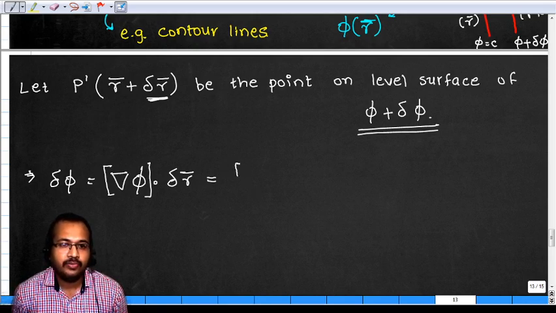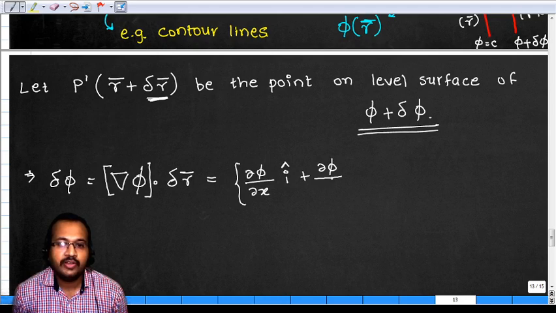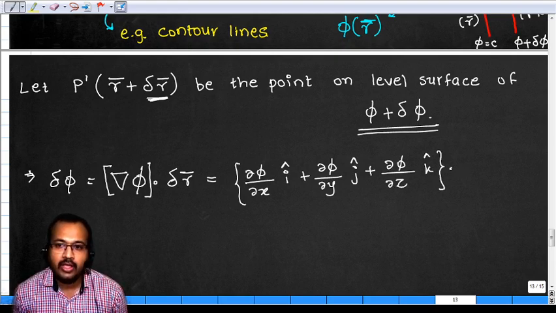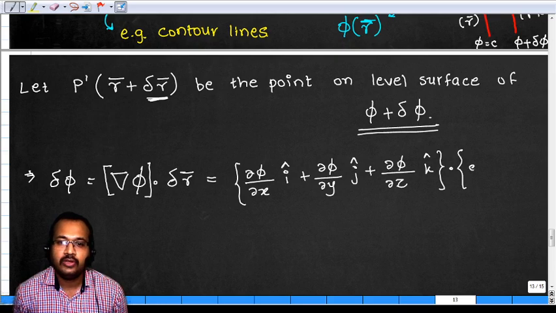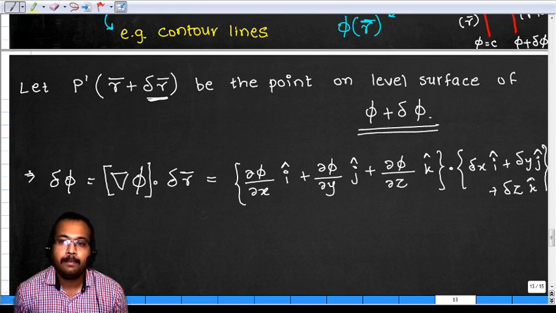it is equal to partial derivative of phi with respect to x into i cap plus partial derivative of phi with respect to y j cap plus partial derivative of phi with respect to z k cap, and the dot product with delta x i cap plus delta y j cap plus delta z k cap.